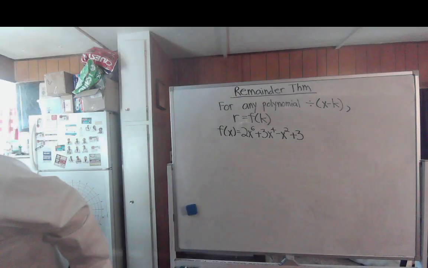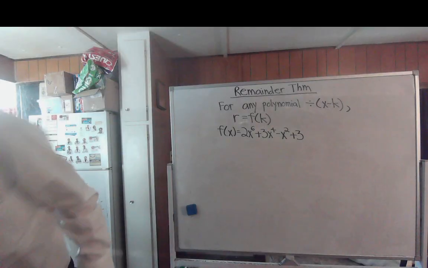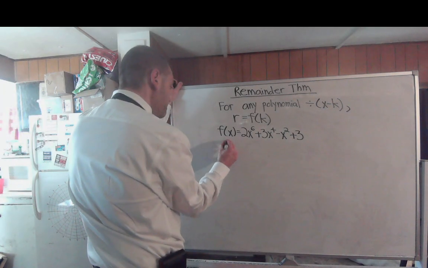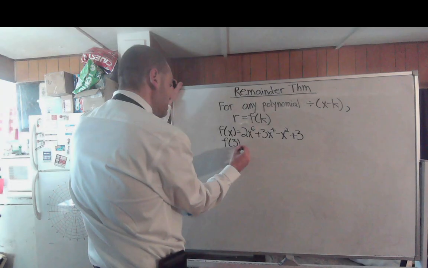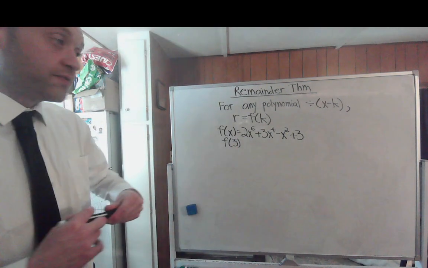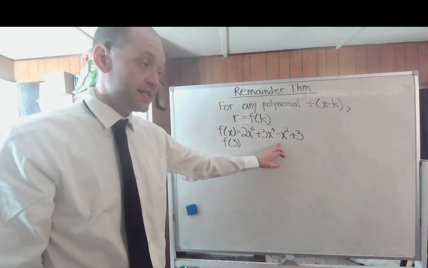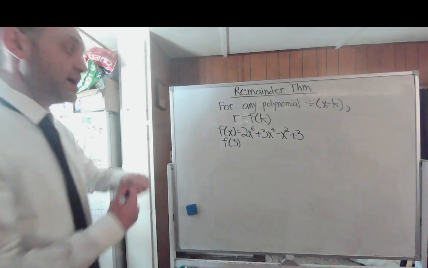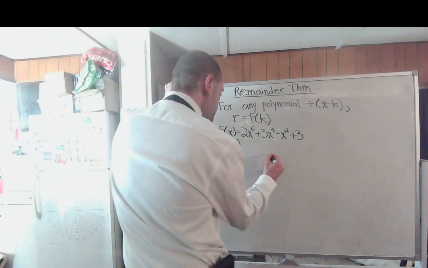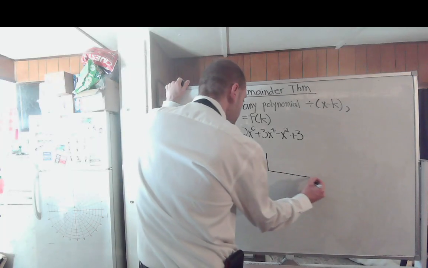And we are seeking to find f of 3. So we want to find f of 3 for 2x to the 6th plus 3x to the 4th minus x squared plus 3. Another one where we should be glad we're using synthetic substitution instead.